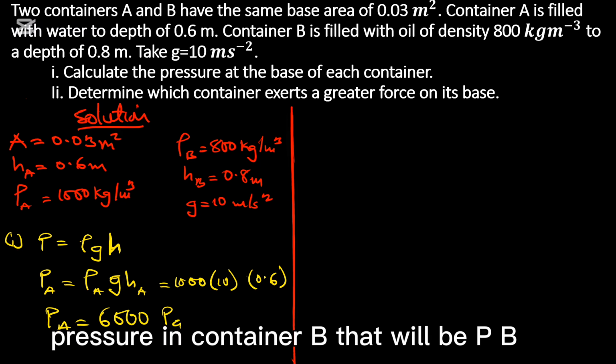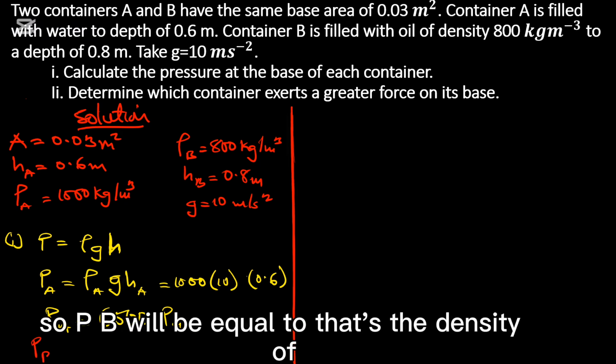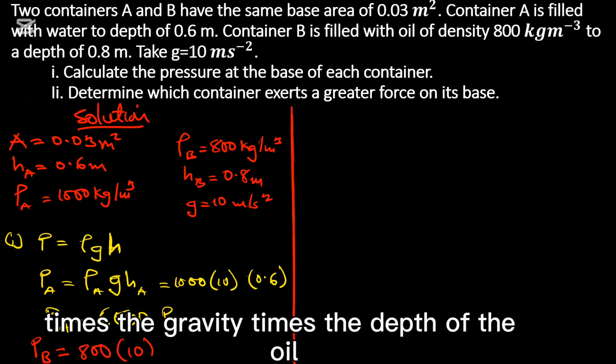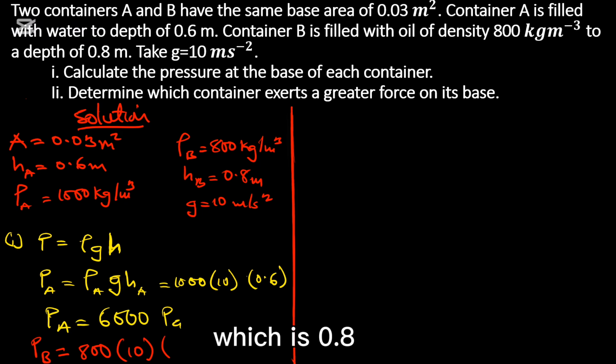Okay, let's move on to pressure in container B. That will be PB. So PB will be equal to the density of the oil, which is 800, times the gravity times the depth of the oil, which is 0.8.